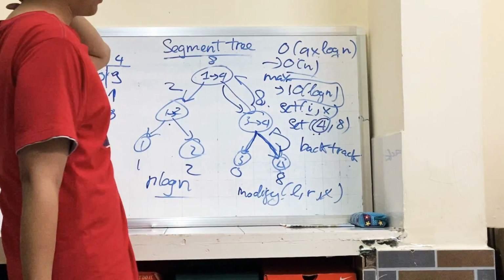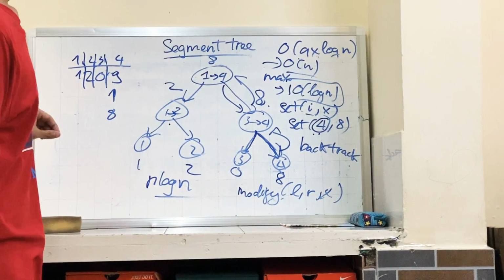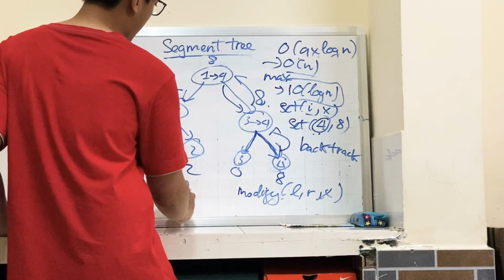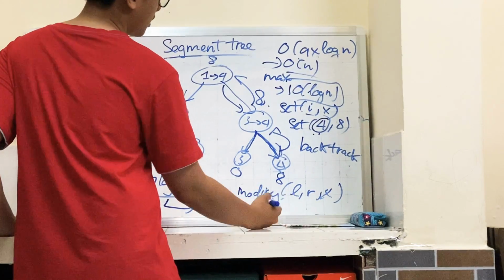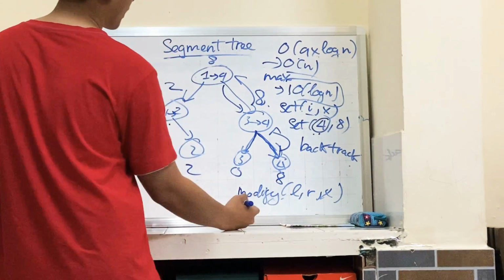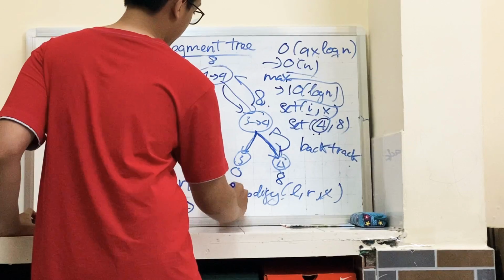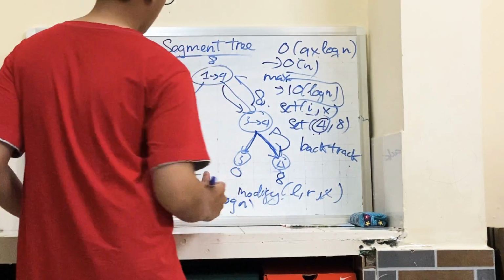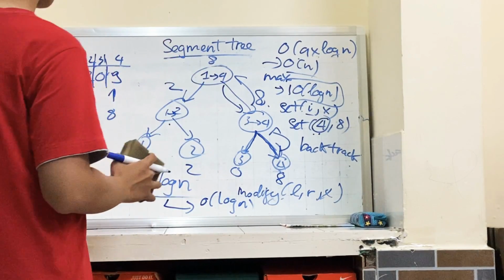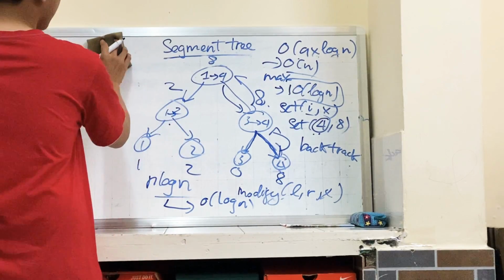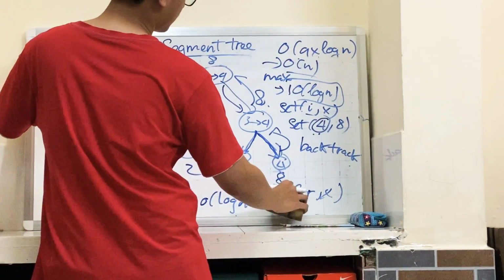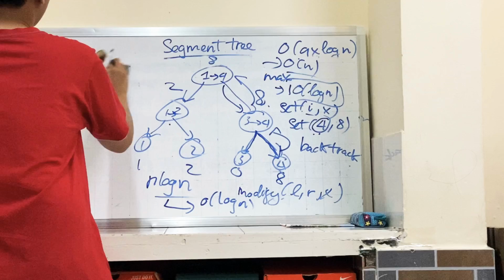Instead, you can rebuild the tree, so we'll optimize this function to O(log n). Okay, so next, we'll modify the value.